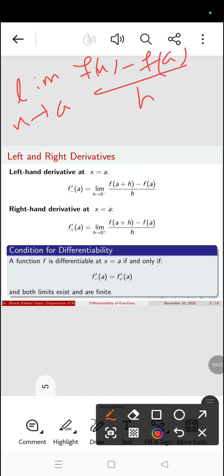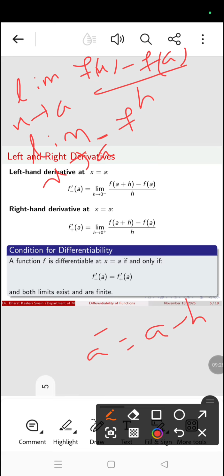Now since we are going to find the left hand derivative, we write limit x tends to a minus. So what is a minus? A minus means less than a, so we can write it as a minus h, because h tends to 0 and h is a positive number.